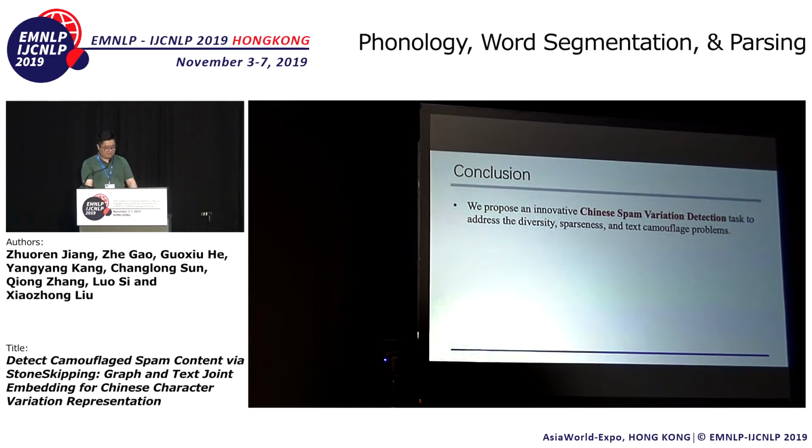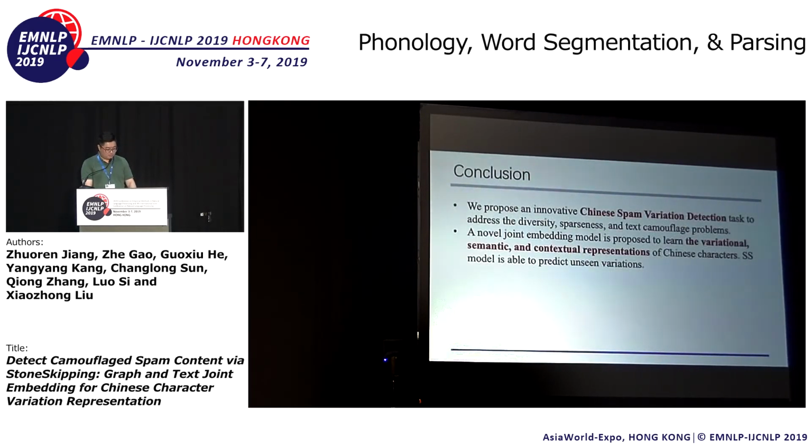We propose a Chinese spam variation detection task to address the real-world problem. We propose a joint embedding model to learn the variation, semantic, and contextual representations of Chinese characters.